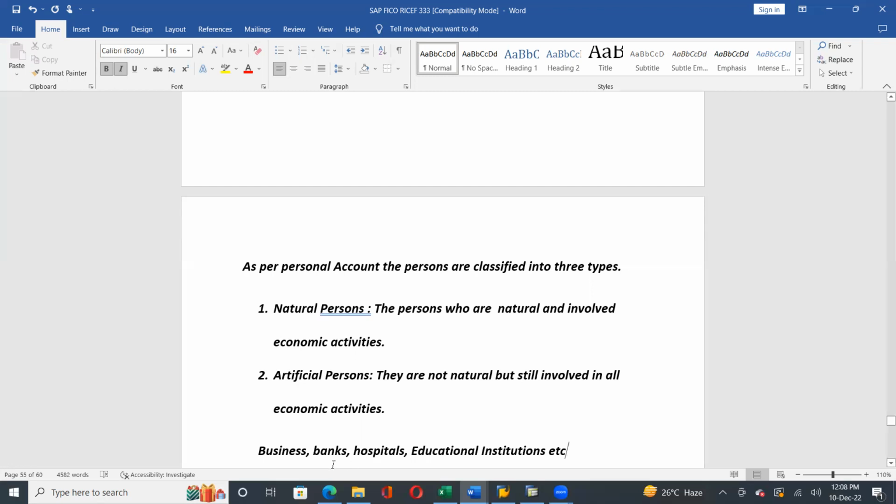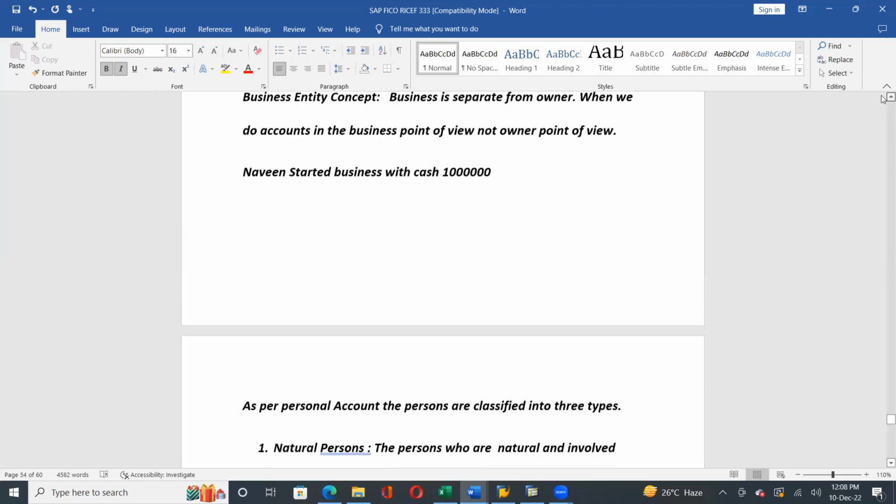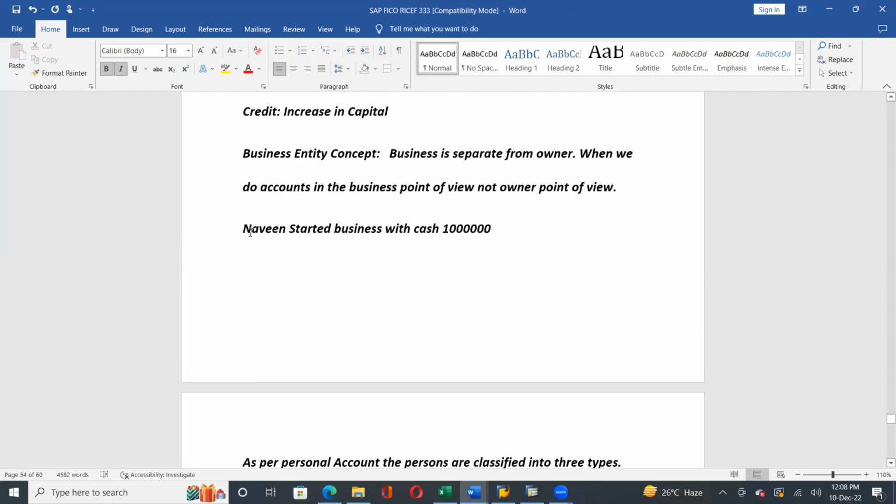Now tell me how many persons are involved in this: Naveen started business with cash. How many persons? Two. Naveen and the business. Naveen is what kind of person? Natural. And the business? Artificial.